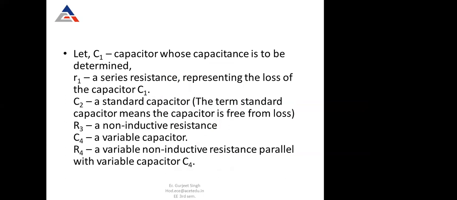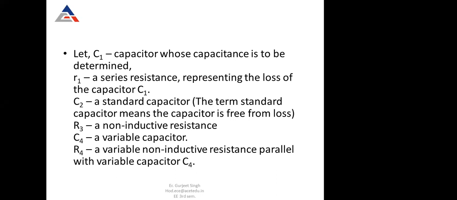C2 is the standard capacitor, whose value is known to us and which is free from losses. R3 is a non-inductive resistance, whose value is also known to us. C4 and R4 are the variable capacitor and variable resistance.